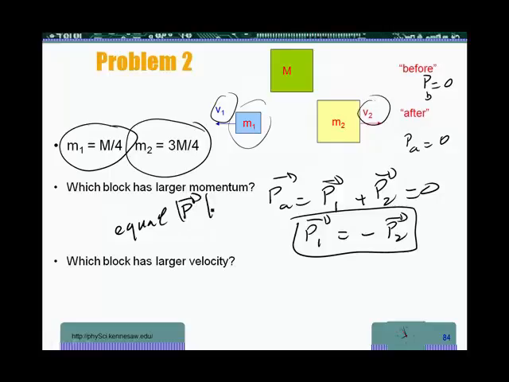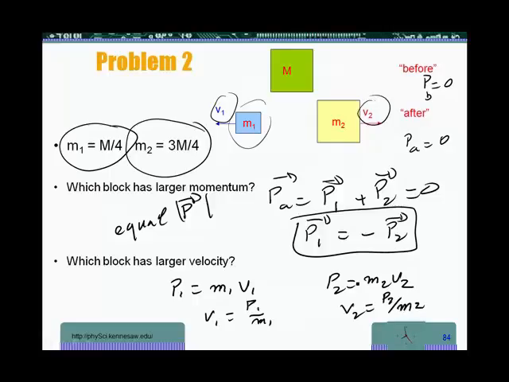Which block is going to have a larger velocity? Now that's a different story. P1 is going to be equal to m1 times velocity 1. And P2 is m2 times v2. Now, v1 then is equal to p1 over m1, and v2 is p2 over m2.